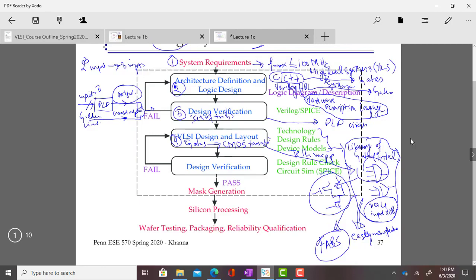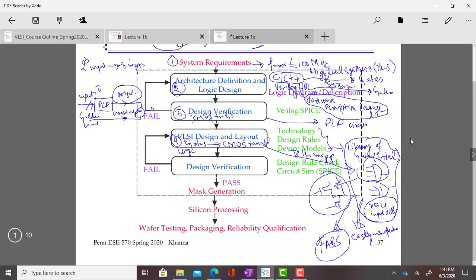So I repeat it again. Tech mapping is mapping from your logic gates, which are the result of the synthesizer, to library gates. And library gates are the gates that you can manufacture.